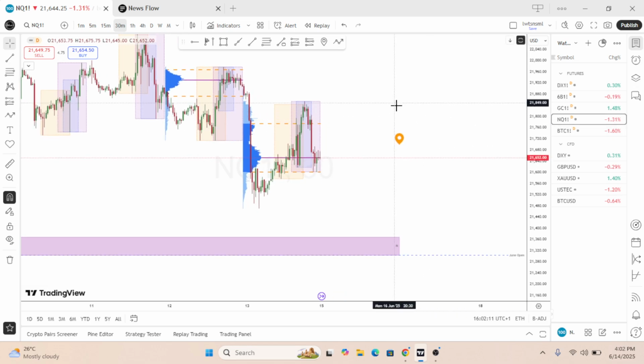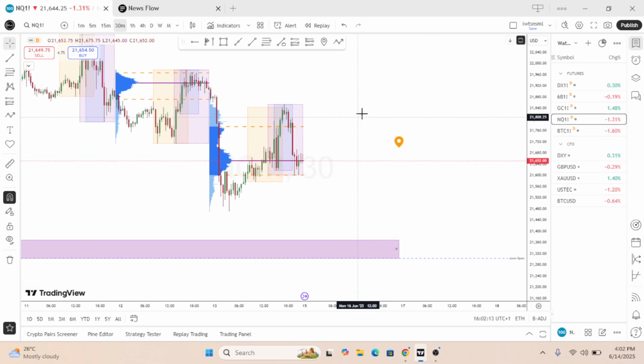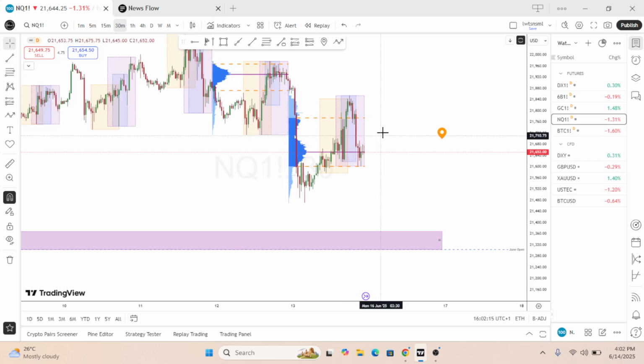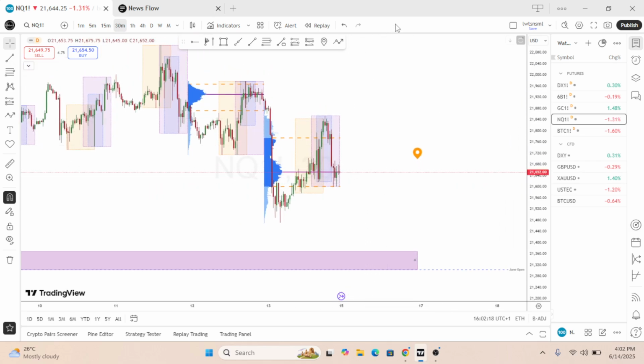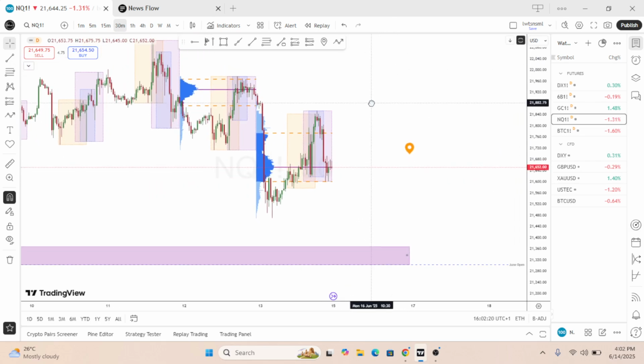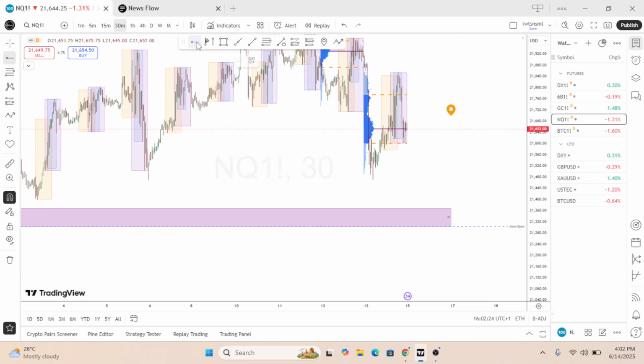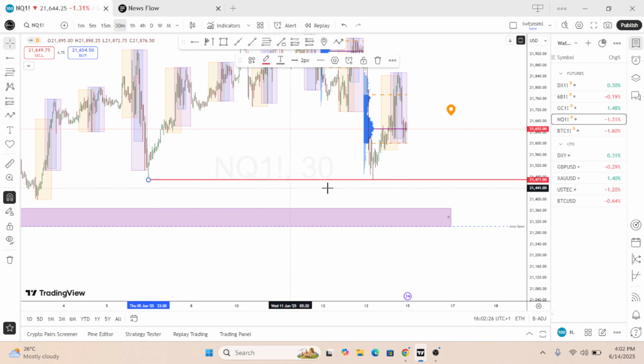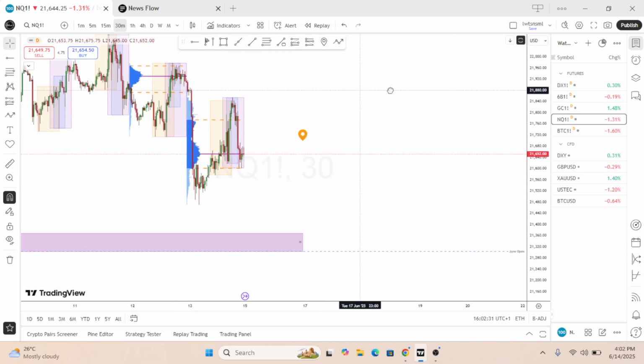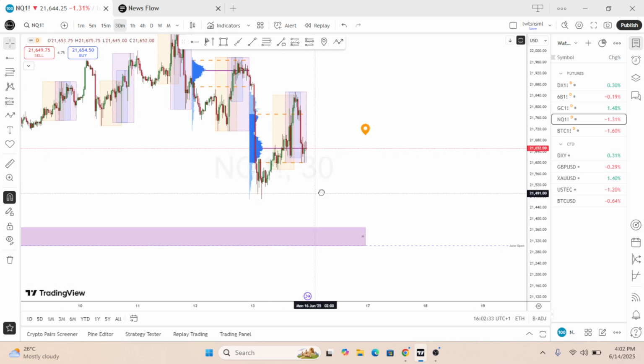That is the danger right now. But if there's a cool off in the geopolitical tension in the East, we will have a resumption of the risk sentiment. But for now, I do believe that we are going to have a trade into this relatively low low sometime next week. So this is one of the lows to look out for.